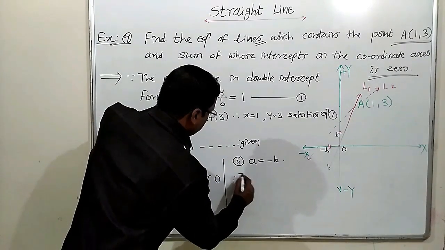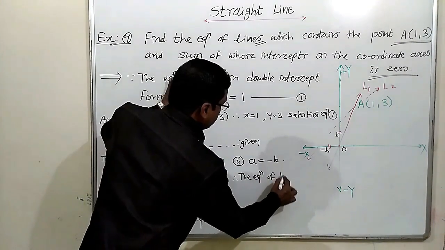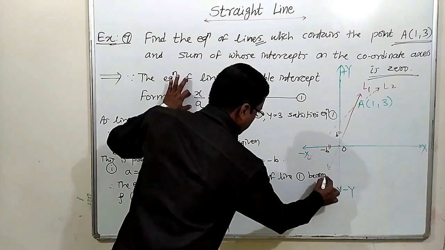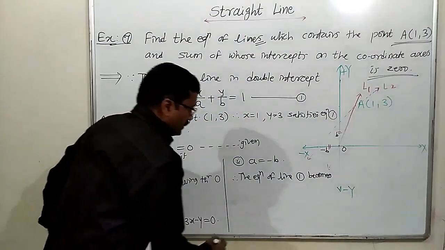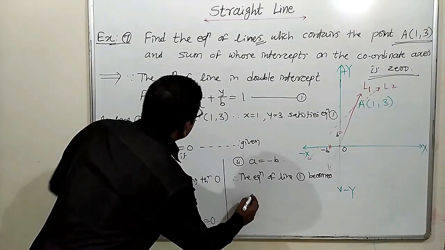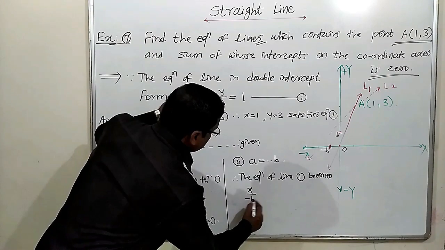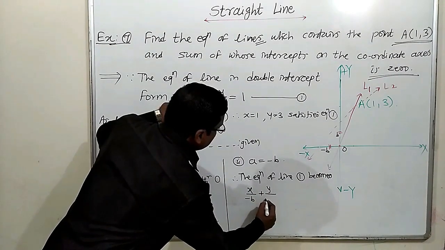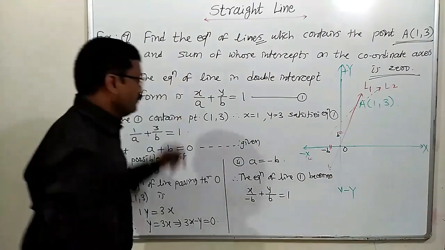Therefore the equation of line 1 becomes x upon A, equal to minus B, plus y upon B, equal to 1.